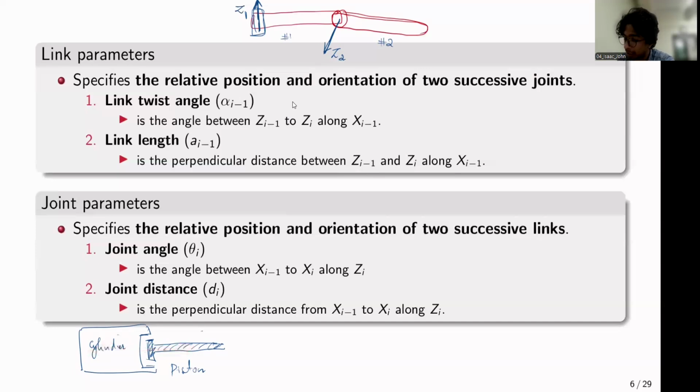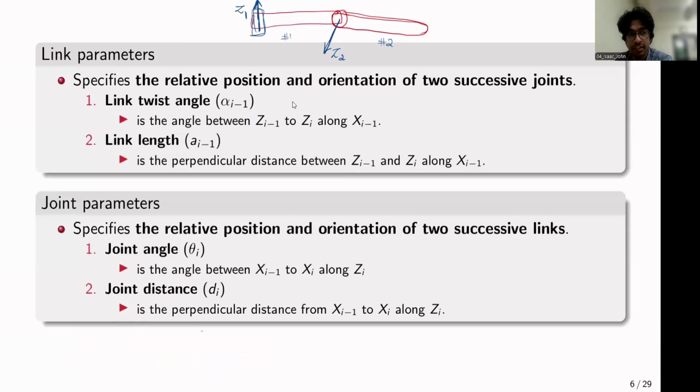So in robotic manipulators that have a prismatic joint, the direction of the z-axis is along the joint, right? So if you want to assign a frame, the direction of the z-axis is along the corresponding degree of freedom, like so, right? So the first thing you have to do when you have a robotic manipulator is assign the z-axis along the corresponding axis, be it a rotary axis or be it a prismatic axis. That is the first thing you have to do.